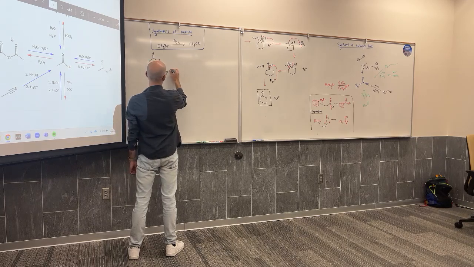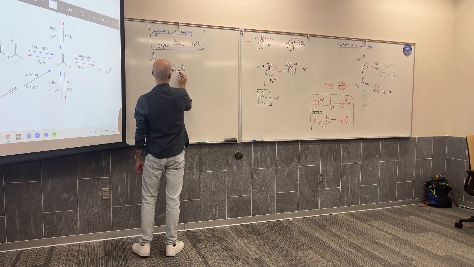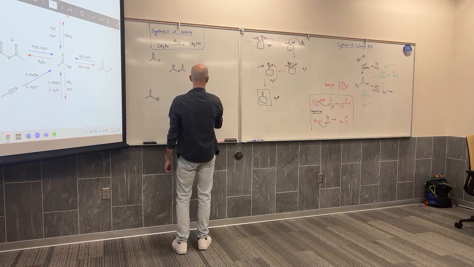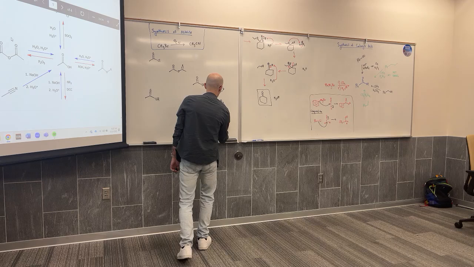Down a step and over, I'm going to show my acid anhydride. Down a step and over, I'm going to show my ester. Down a step and over, I'm going to show my amide. And then down a step and over, I'm going to show my nitrile.